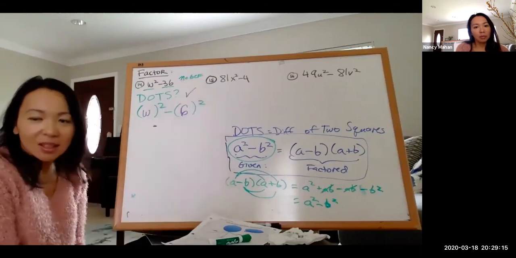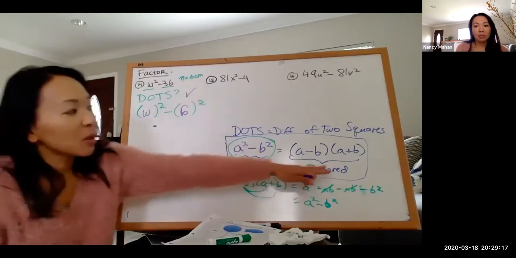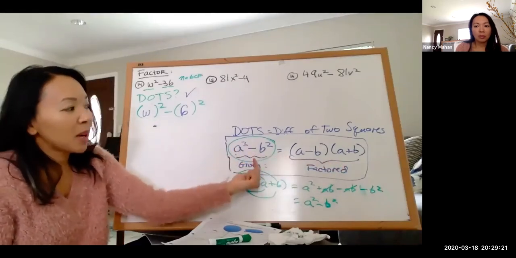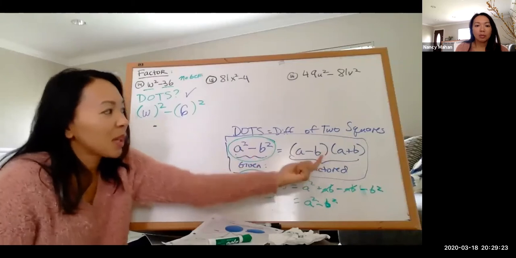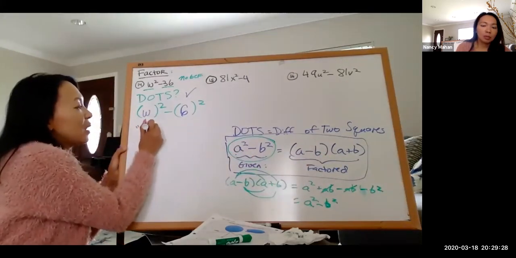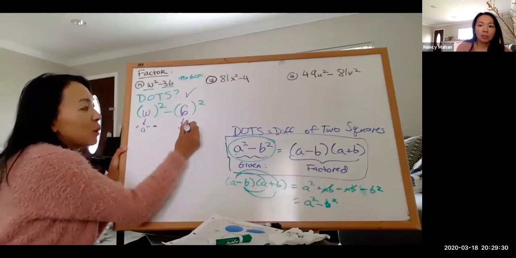And because it's a DOTS, I can factor it using this formula. The formula says A squared minus B squared equals A minus B times A plus B. Well, this is like my A, and this is like my B in the formula, right?